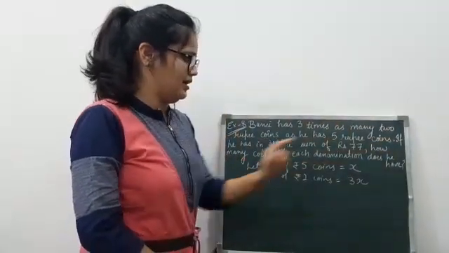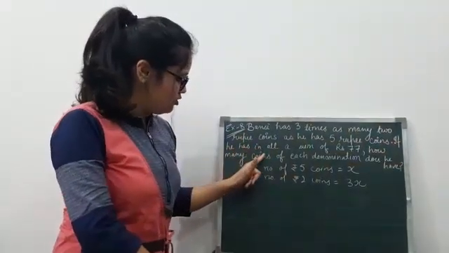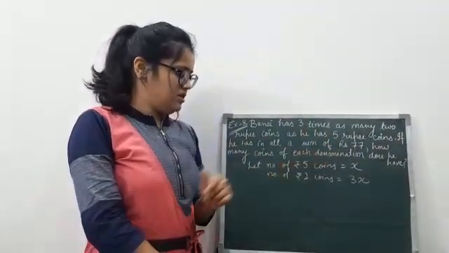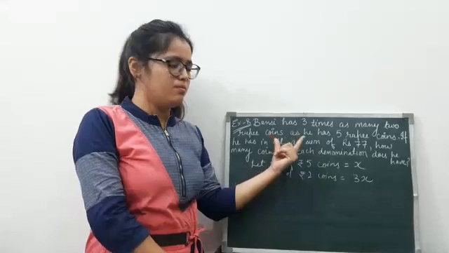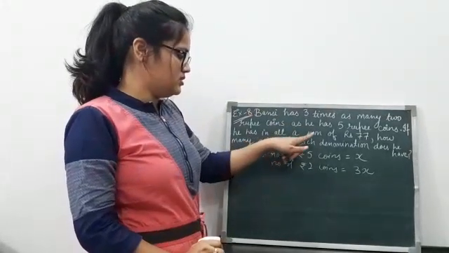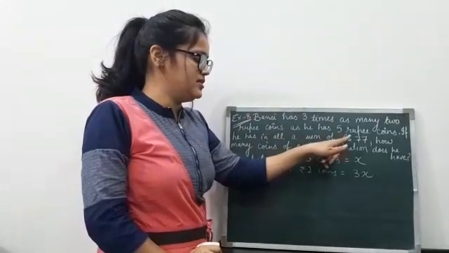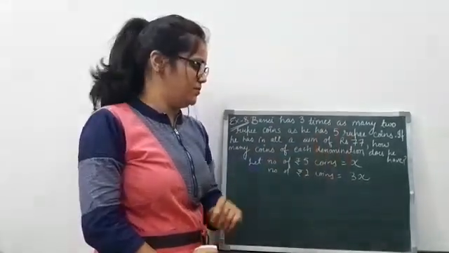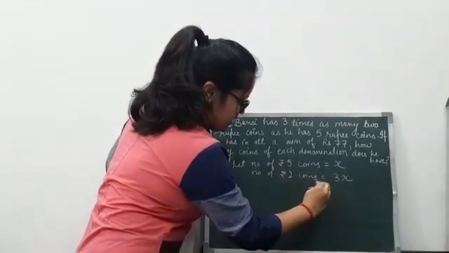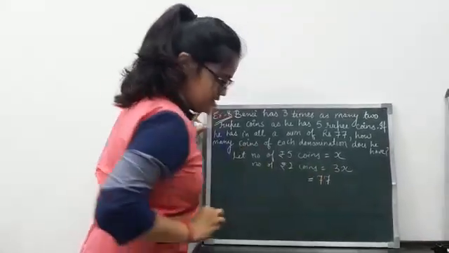Now the next line, if he has in all a sum of 77 rupees, will be used to make the equation of the question. There are total 77 rupees with him. To form an equation, the total money that he has is 77 rupees.